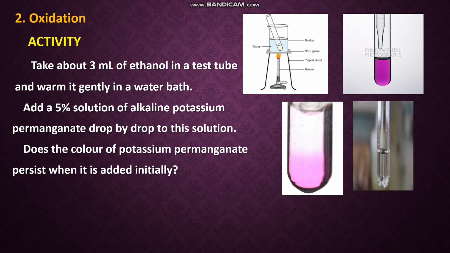So how is the reaction carried out? 3 ml of ethanol is taken in a test tube and warmed in a water bath. Then alkaline potassium permanganate solution is added drop by drop to this ethanol. What we can see is the color of the potassium permanganate gets discharged.